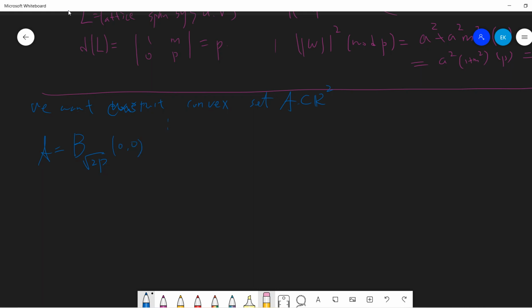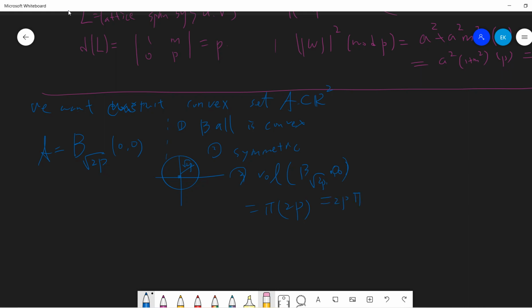Okay, so the first is that the ball is convex. So this is just 0 and the square root of 2p, and I draw it. And the second is that it is symmetric. The third, the volume of the ball, everyone knows, is pi r squared, which is 2 pi p.